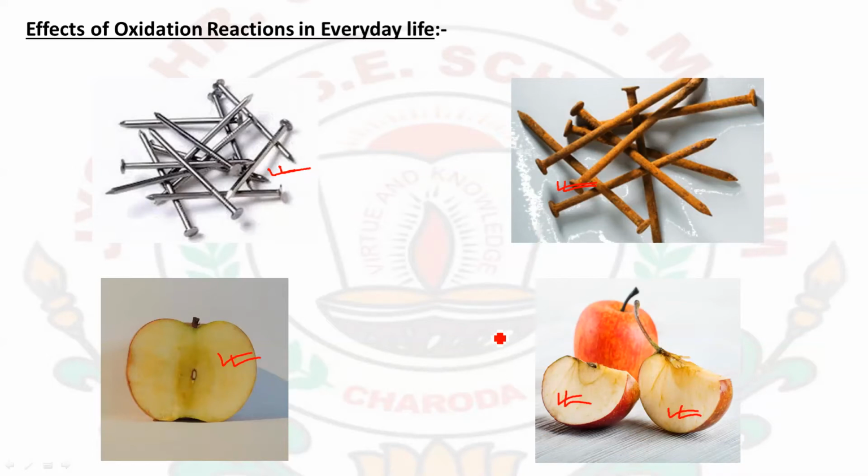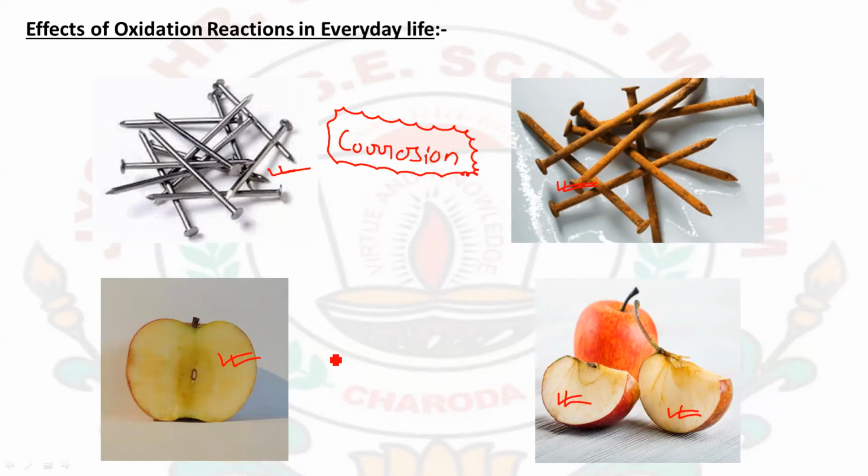When a metal or any inorganic substance is oxidized, it is known as corrosion. When any metal or other substance is oxidized and destroyed, it is called corrosion.